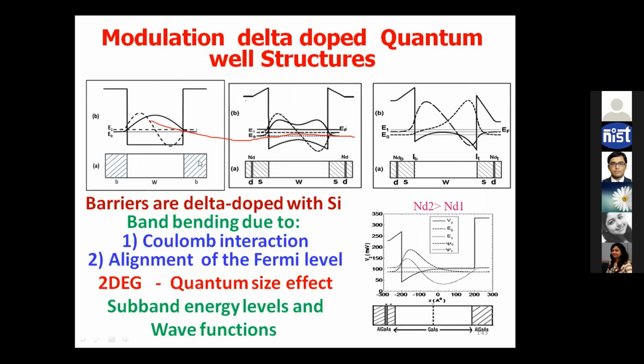In a quantum well, we actually make a modulation doping on both sides of the well. If you modulate only one side, as in a HEMT or MOSFET structure, there is a V shape on one side. But here we take modulation on both sides, so it can take a V shape on both sides of this barrier.